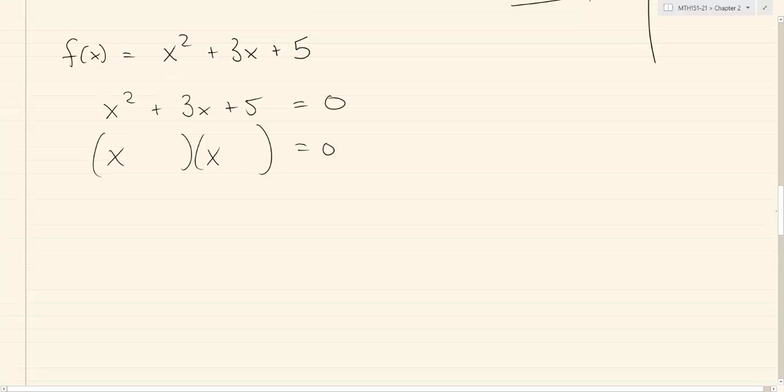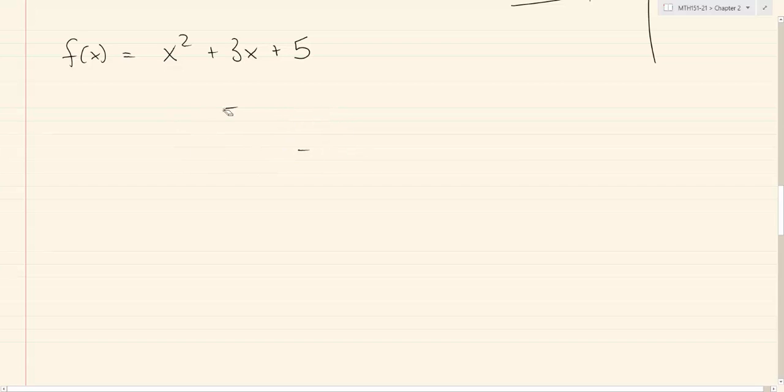So, wouldn't it be nice if we could take this equation that we can't solve with our normal techniques?